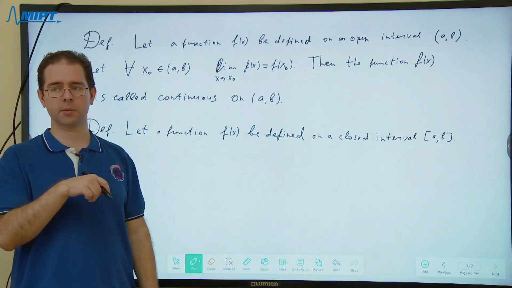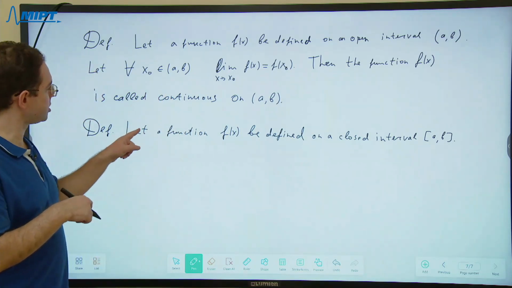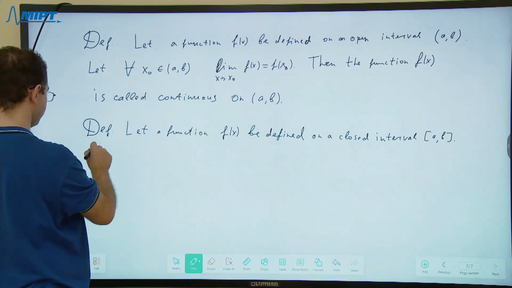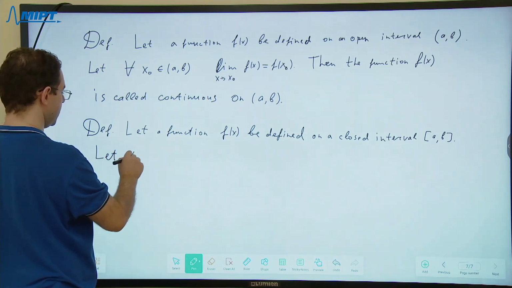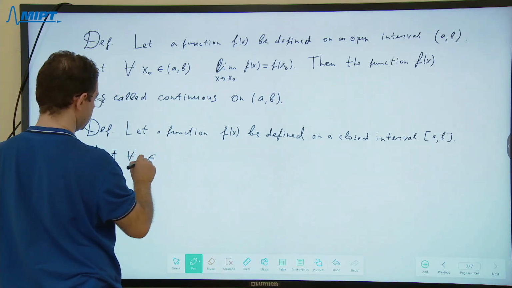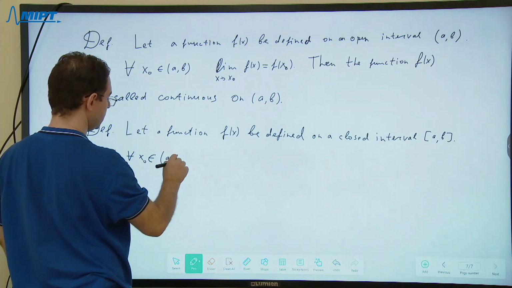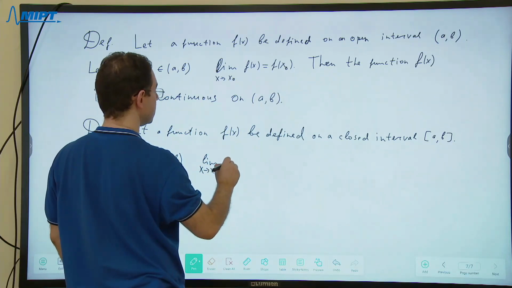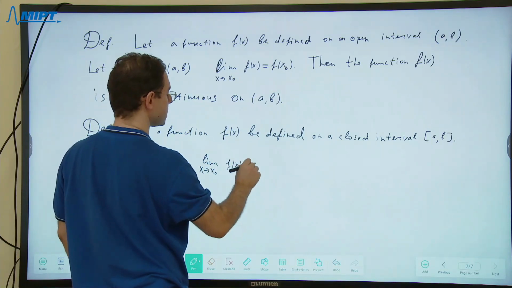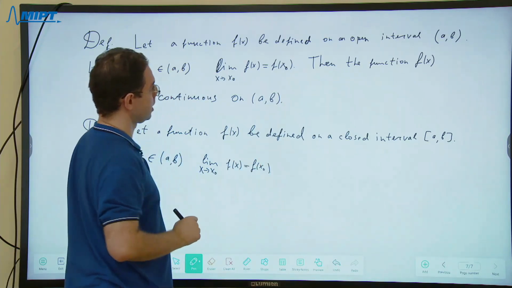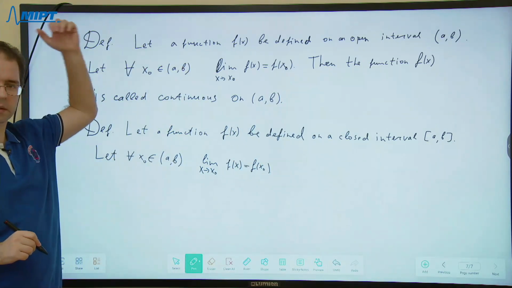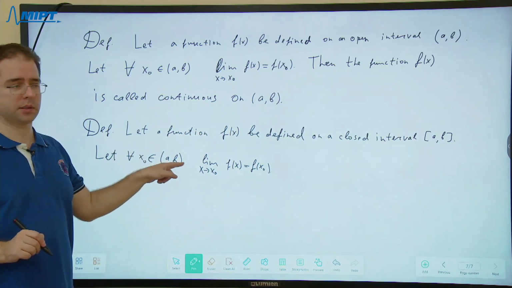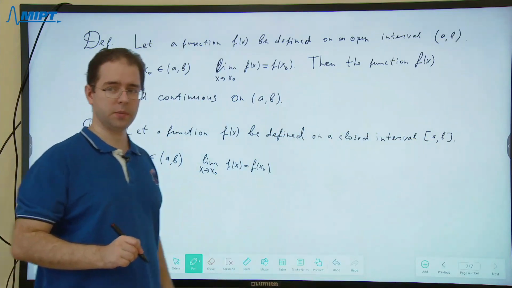So the first thing I'm going to demand is that this function is continuous on this open interval. So I'm copying this line. Let for any x0 from AB, the limit as x tends to x0 of f of x equals f of x0. So this was the same as the previous line. But this is only about the inner points of this closed interval. What about the endpoints?